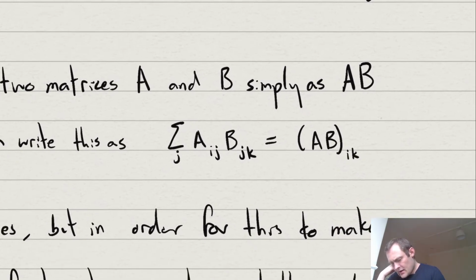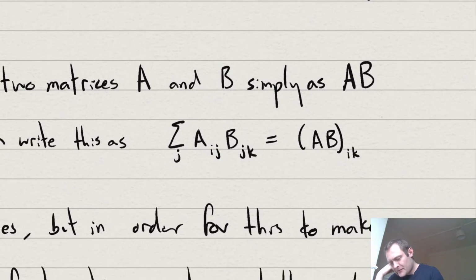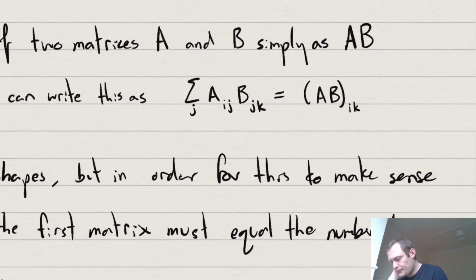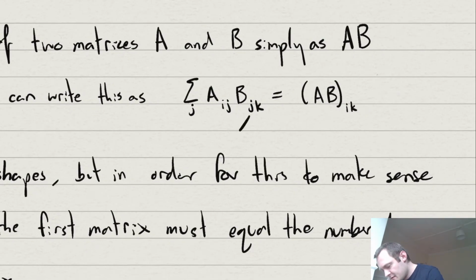Now, it's useful to remember that sometimes, at least I find it difficult to remember which way around the rows and the columns are labeled. The way I remember it is by remembering that when you take the product of two matrices, when you matrix multiply, then it's the inner index that gets summed over, like this.